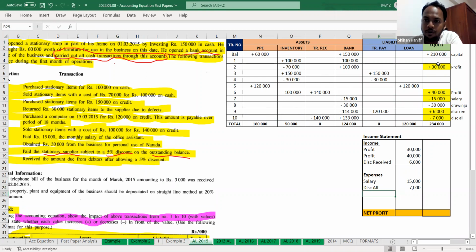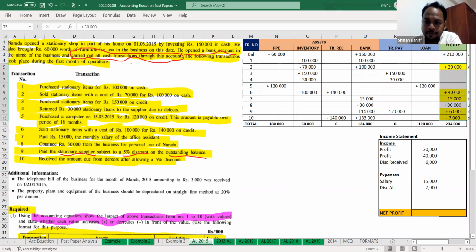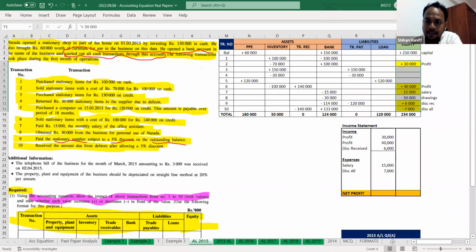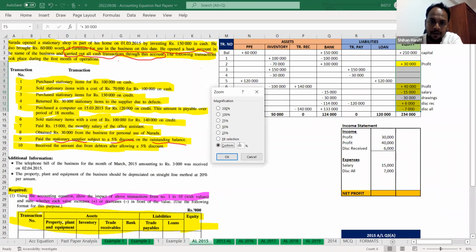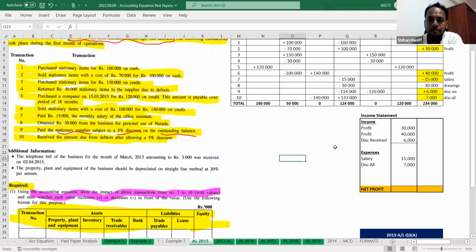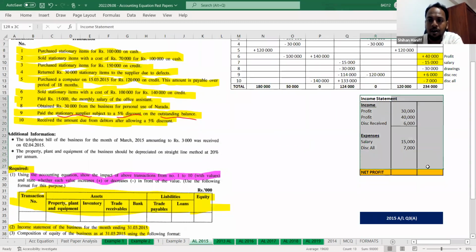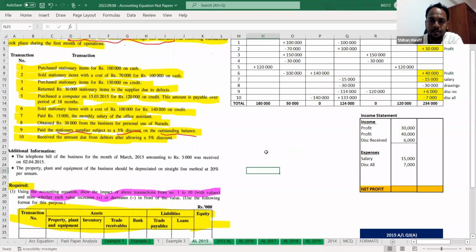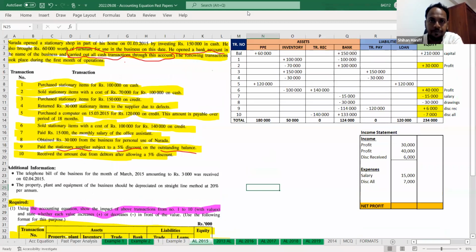Okay, so we took all these. Now, other than this, there is something else. What is it? When preparing the income statement, what else you have to take? Tell me.